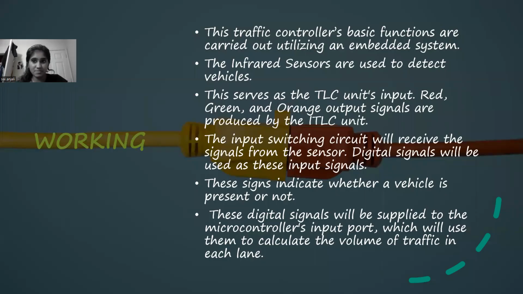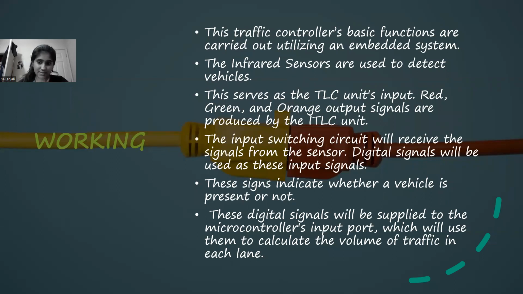The traffic controller's basic functions are carried out utilizing an embedded system. The infrared sensors are used to detect the vehicles. This serves as the TLC unit's input. Red, green, and orange output signals are produced by the ITLC unit. These signals indicate whether a vehicle is present or not.